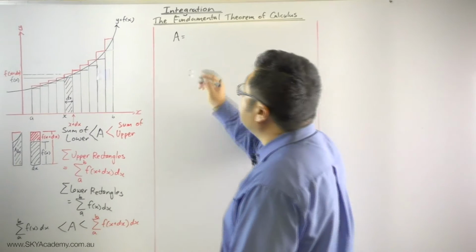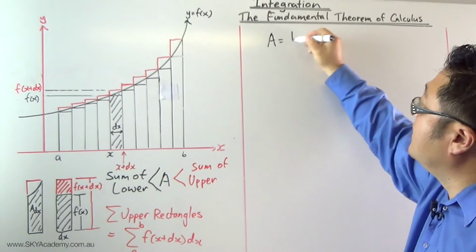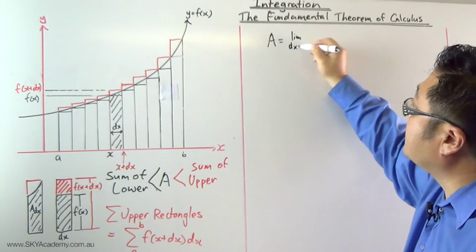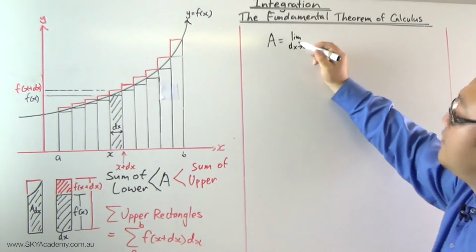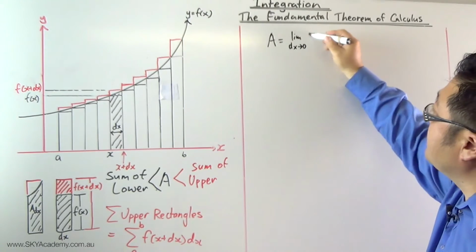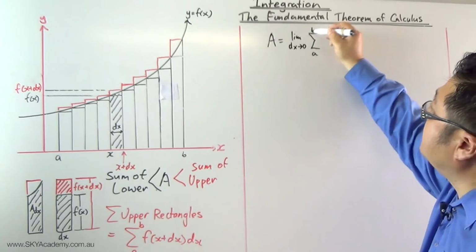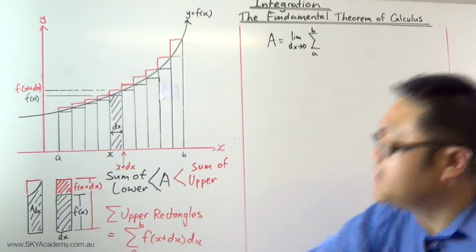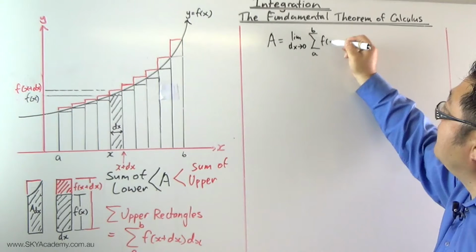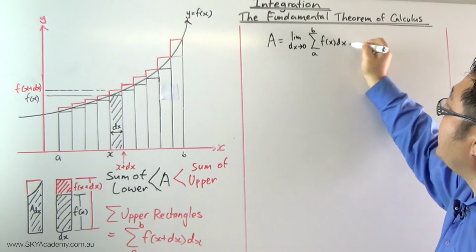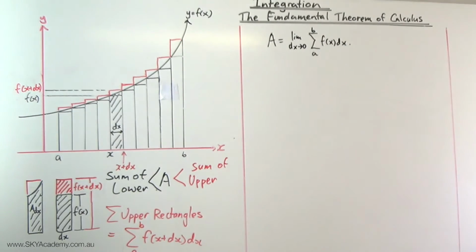So what's really going on is that when we apply the limit of dx approaching 0, what you get is the actual area. So the area is equal to the limit as dx approaches 0 of the sum from A to B of f of x dx, and let's just use this one for the time being. Does that make sense?